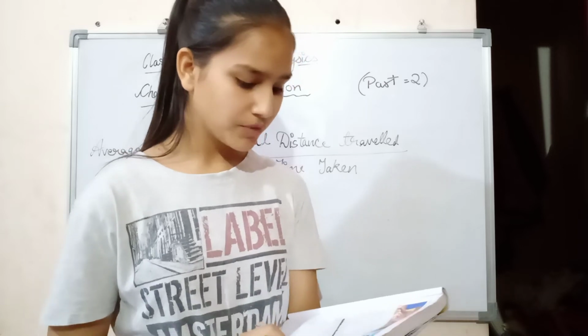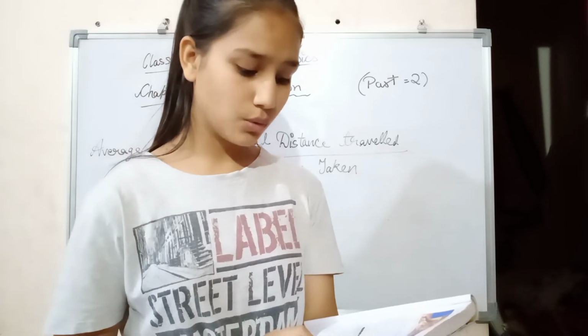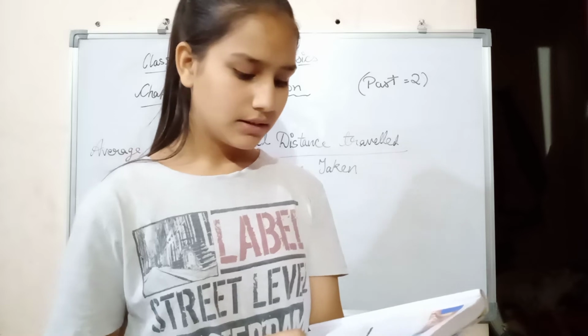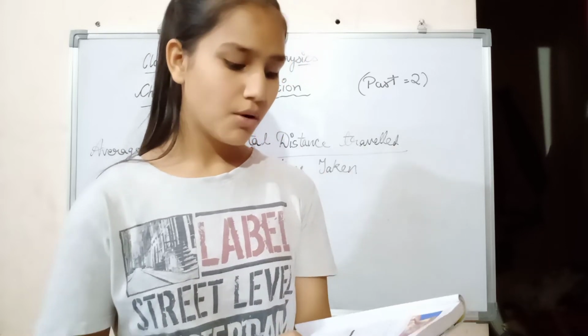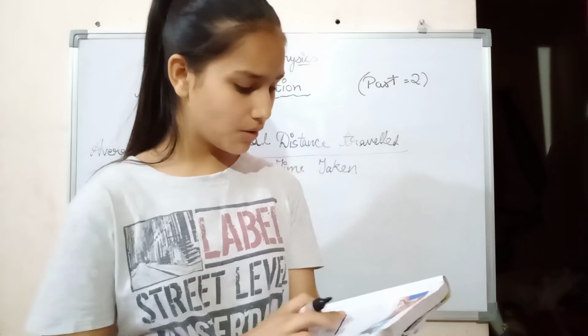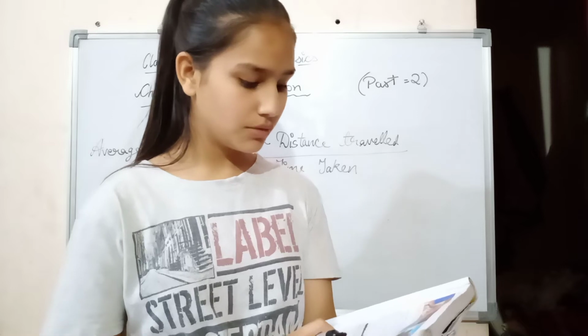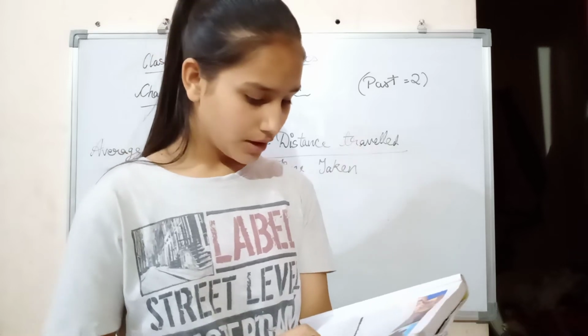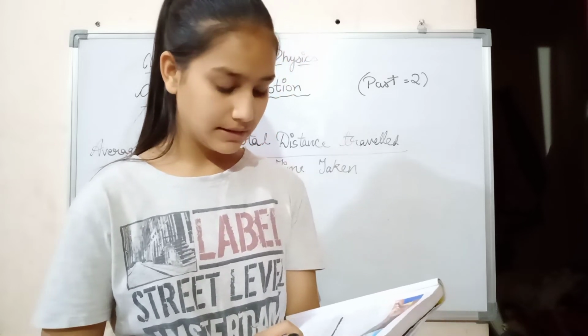If however the speed of a body is known to be constant, we can find out exactly how much distance it will travel in the given time, or if we know the distance traveled by the body, we can calculate the time taken to travel that distance.